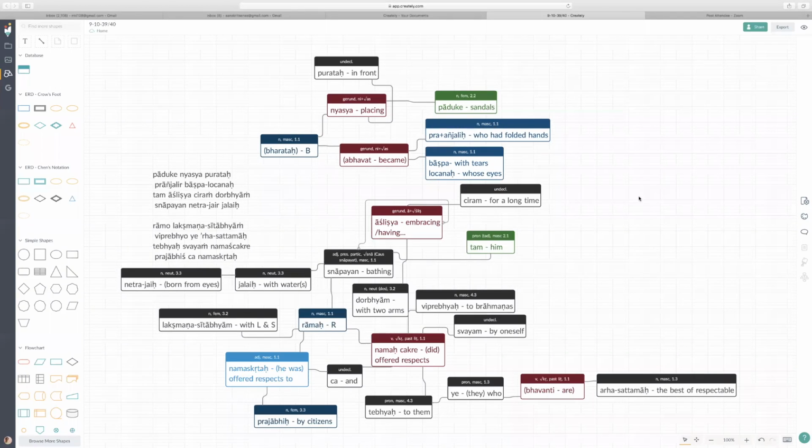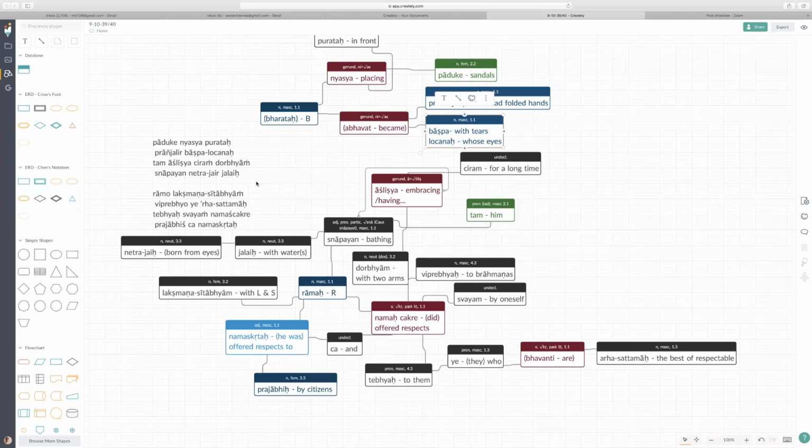Okay, Bharata placing in front of him the sandals. That's when he already met Rama. Okay, so he placed the sandals in front of Rama. So he stood with folded hands and shed tears.